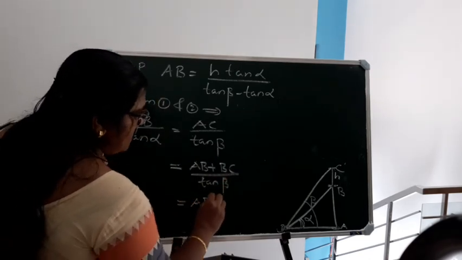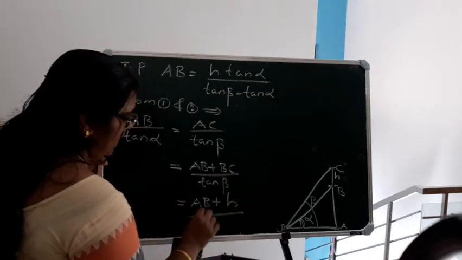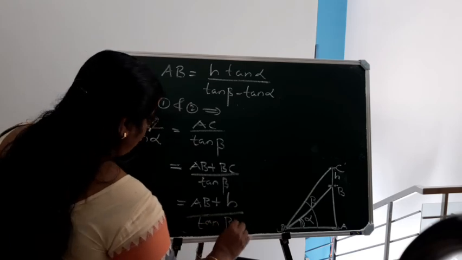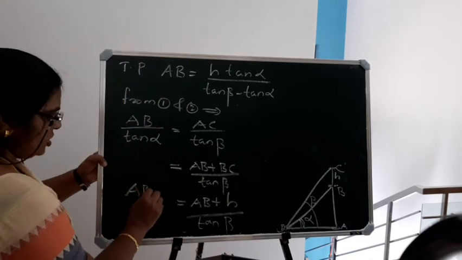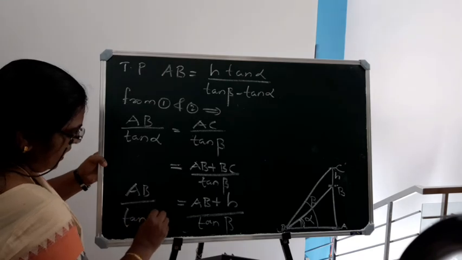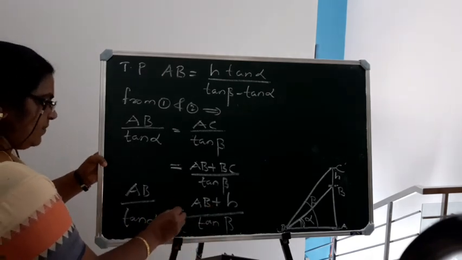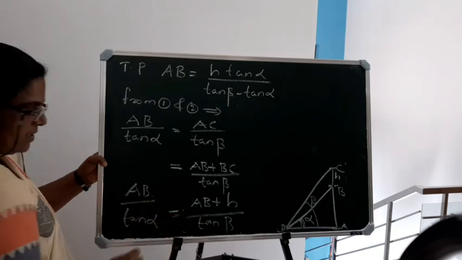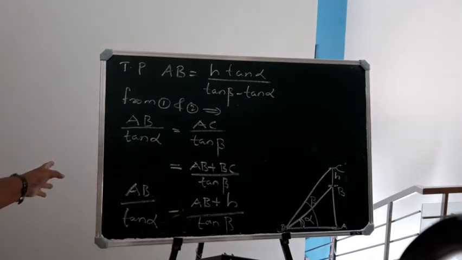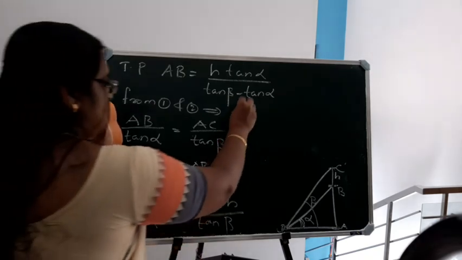Again, AB plus BC is h by tan beta. So AB by tan alpha is equal to AB plus h divided by tan beta. And cross multiply and find AB.